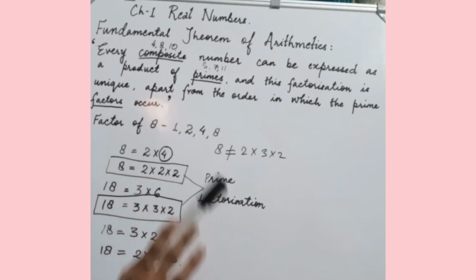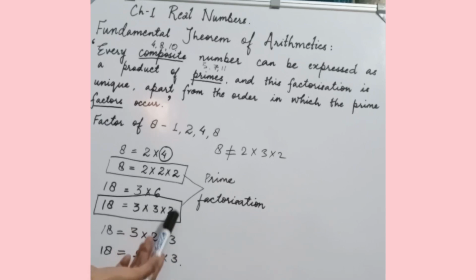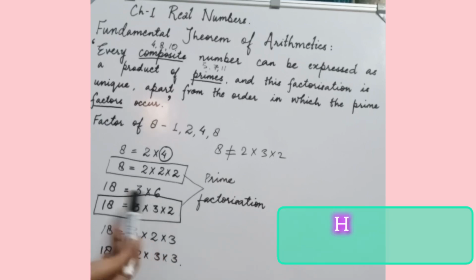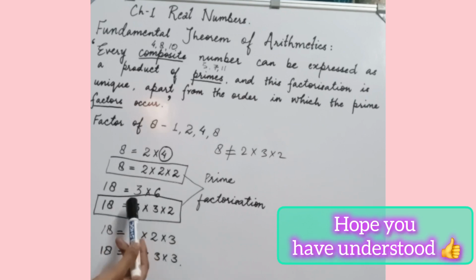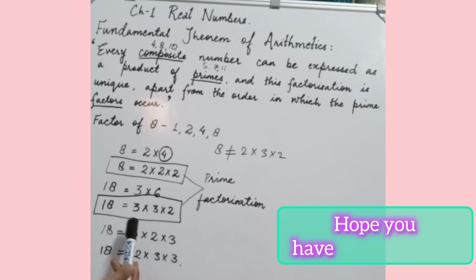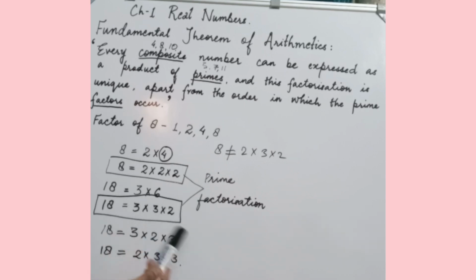Apart from the order in which the prime factors occur, means you can change the order of the prime factors. You will get the same number again and again. See, 3 2s are 6, 3s are 18, or 2 3s are 6, 3s are 18, or 3 3s are 9, 2s are 18. Yes, you can change the order. Every time you will get the same number 18, but you cannot change the prime factors entirely.